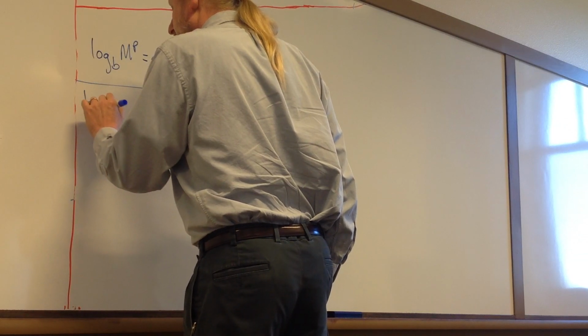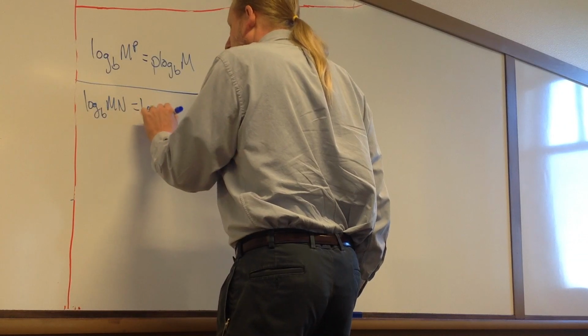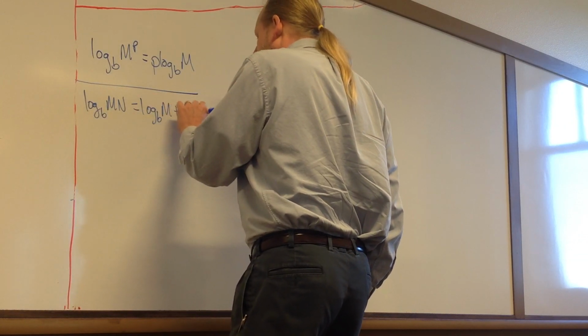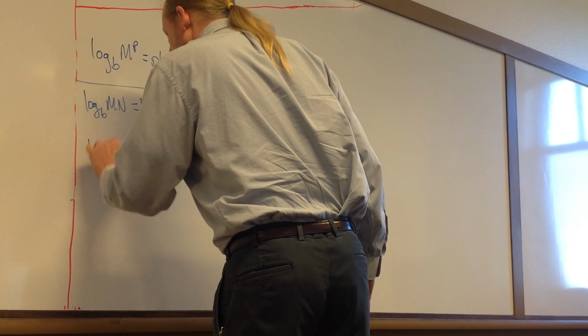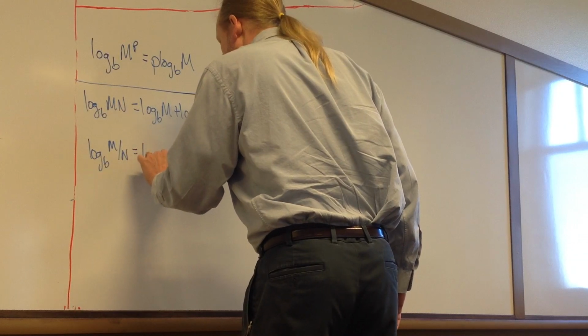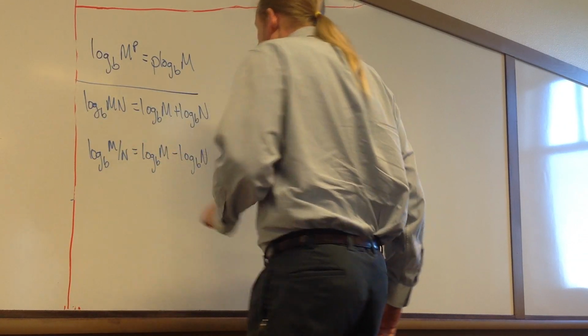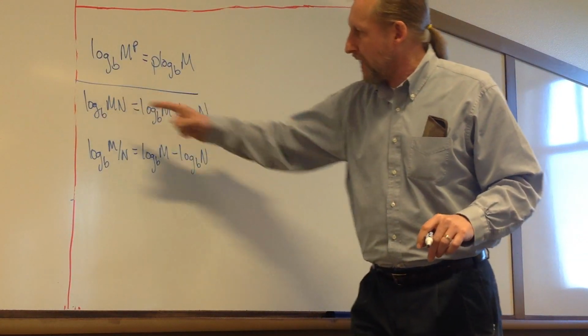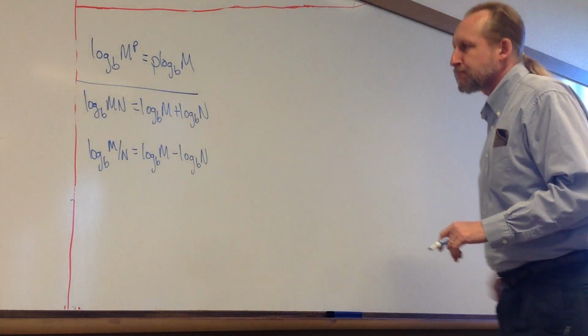One says that if you take the logarithm of two things being multiplied, you can add their logarithms. And the other says if you take the logarithm of two things being divided, you can subtract their logarithms. We're mostly going to be going in this direction. We're going to take something that looks like this and turn it into something that looks like that.